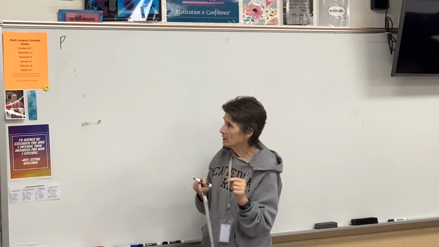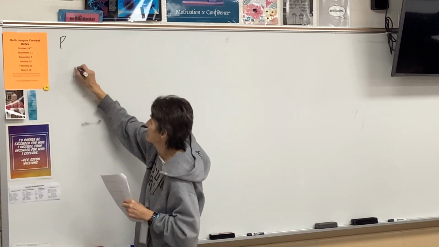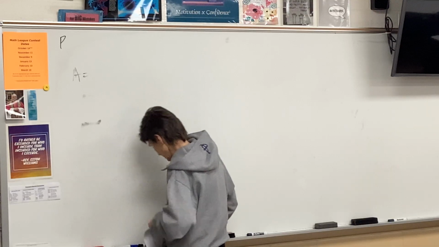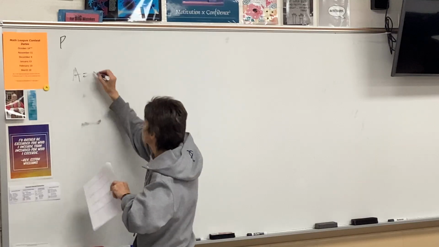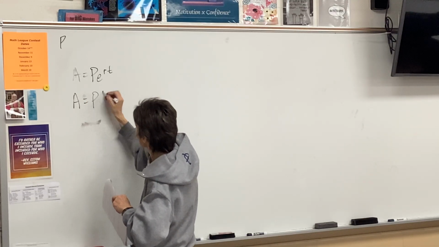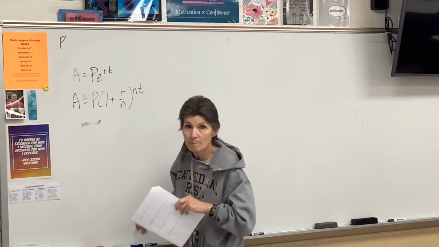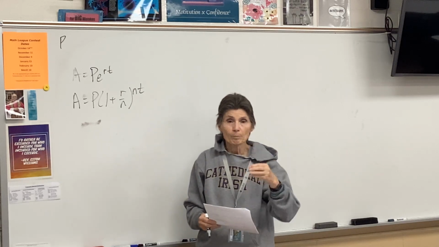Yesterday, we talked about when we use the two we have to memorize, which are PERT and the compound interest formula. These you have to memorize. Okay, those are memorized. We did a bunch of problems yesterday where they were appropriate.